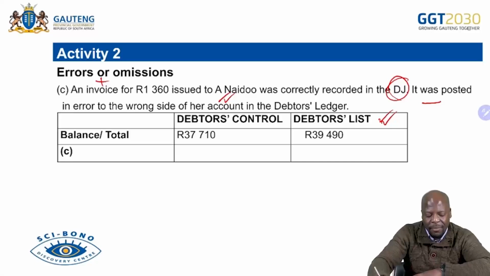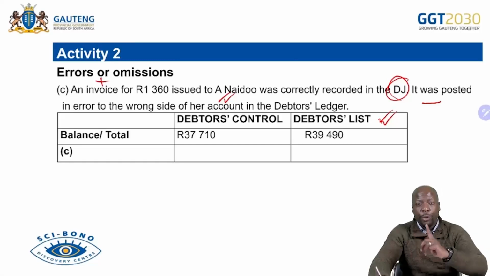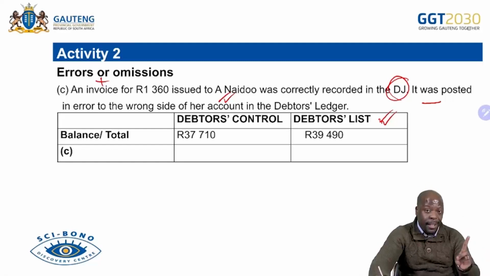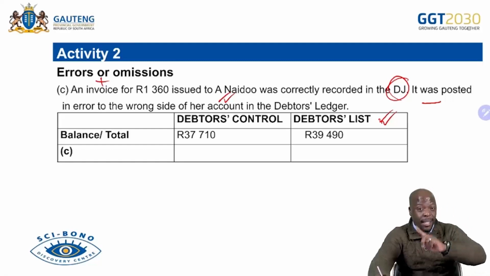That's what it means. What then do we do? I have taught you right from the beginning of this lesson that if an amount is posted on the wrong side, you put it on the right side. How many times? Is it once? No. But how many times? Twice.